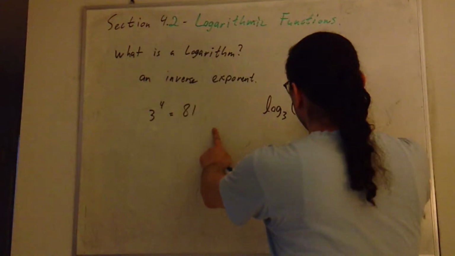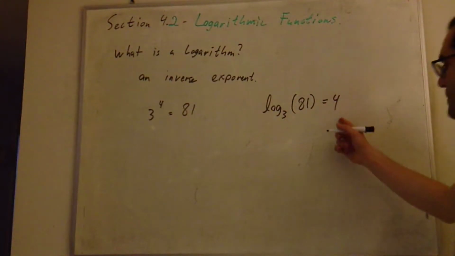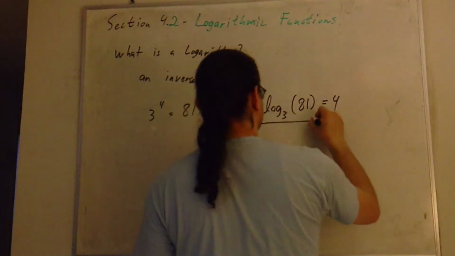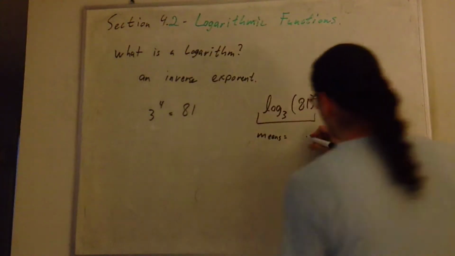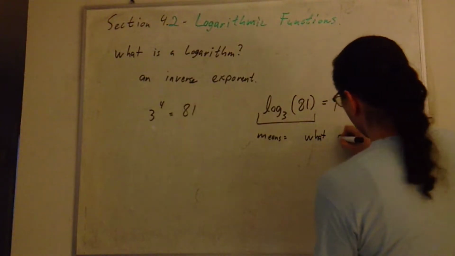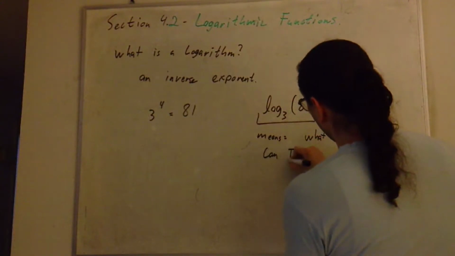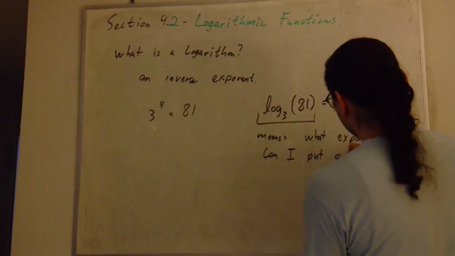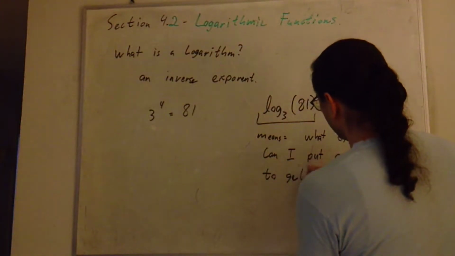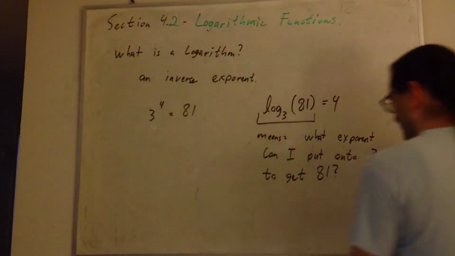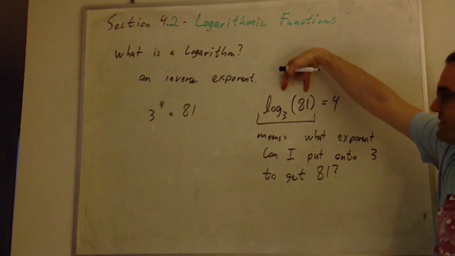Log base 3 of 81 equals 4, because log base 3 of 81 means: what exponent can I put onto 3 to get 81? That's what this expression as a question is asking.